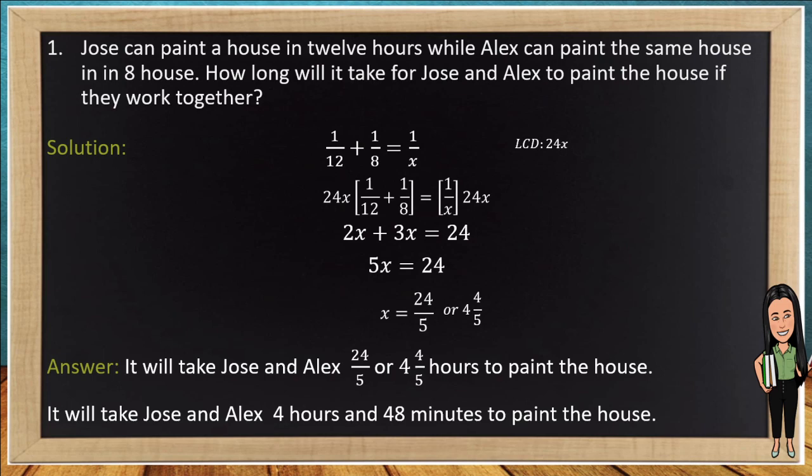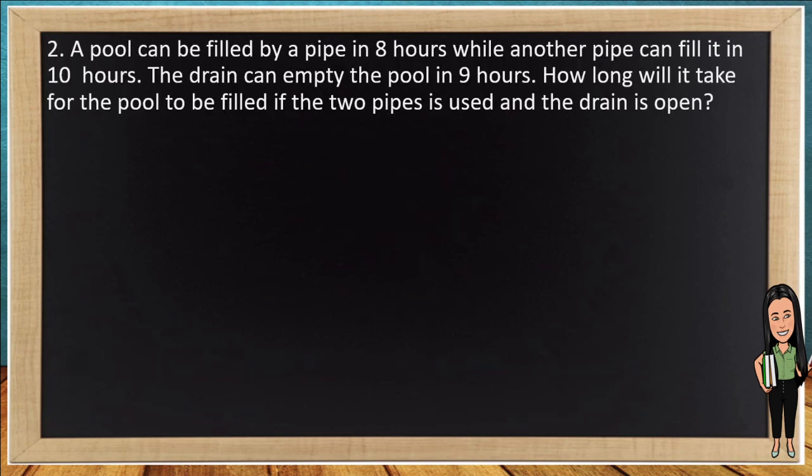So, all in all, it will take Jose and Alex 4 hours and 48 minutes to paint the house if they will work together. Basta ganun lang yung gagawin natin. We get the rate, and then the sum of the rates of each individual will be equal to the rate if they will work together.